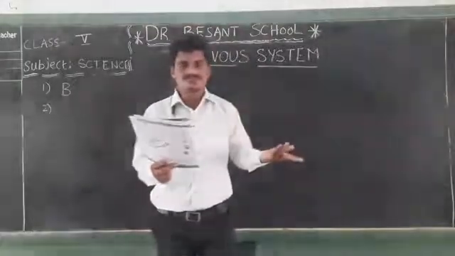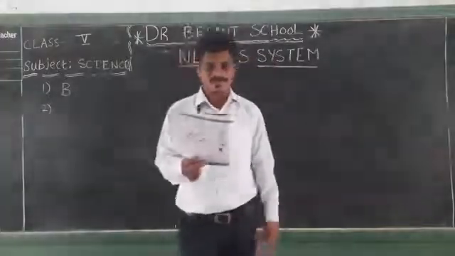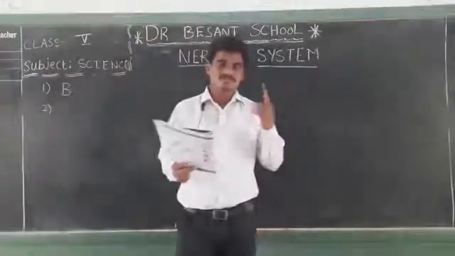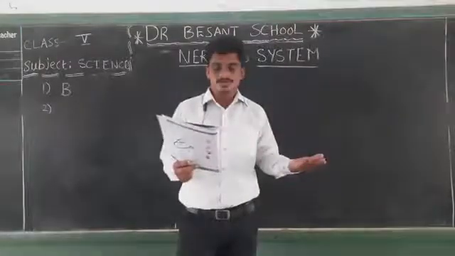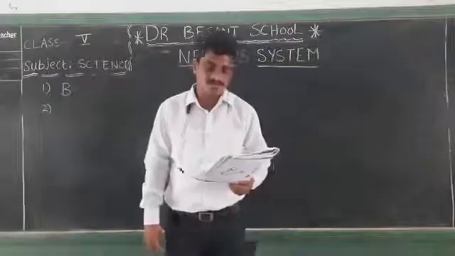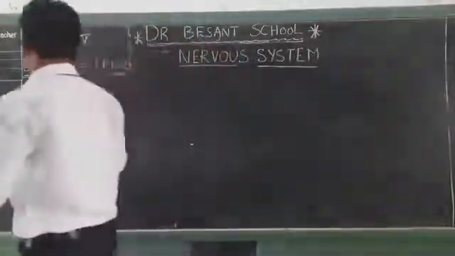Muscular system will not control other systems. Digestive system will not control other systems. Whereas excretory system will not control other systems. The nervous system which contains the brain will control other organ systems. What is the answer? Yes, A, nervous system.